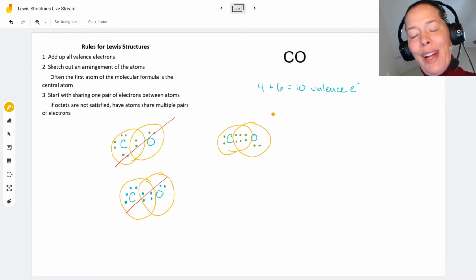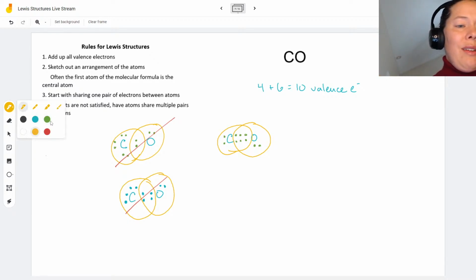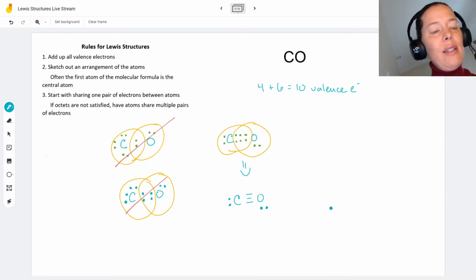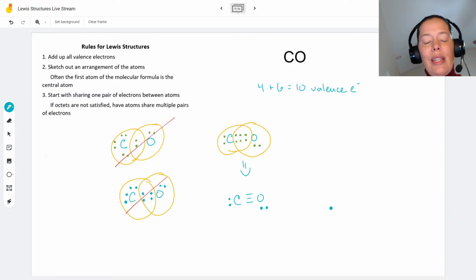So I have found my valid Lewis structure. Let's write it out a little bit neater right below it. So I have carbon with a triple bond to oxygen, a lone pair here, and a lone pair here. Okay, that is carbon monoxide. Hopefully you can see that we're starting to troubleshoot a little bit faster and more comfortably, which is exactly where we want to be.